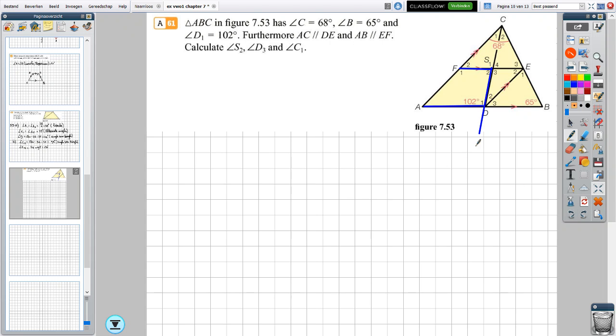So here, what I'm going to do, I'm now going to erase this part, right? But now you see why there is a corresponding angle here. So I can say angle S1 is equal to angle D1. And I used corresponding angles for that.